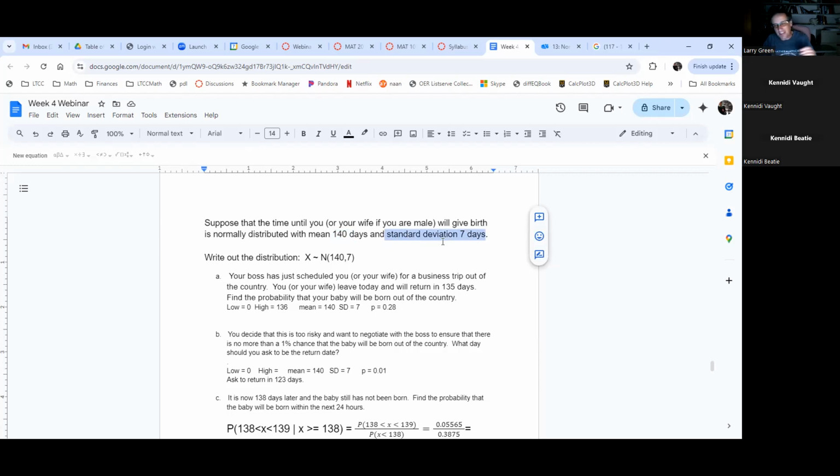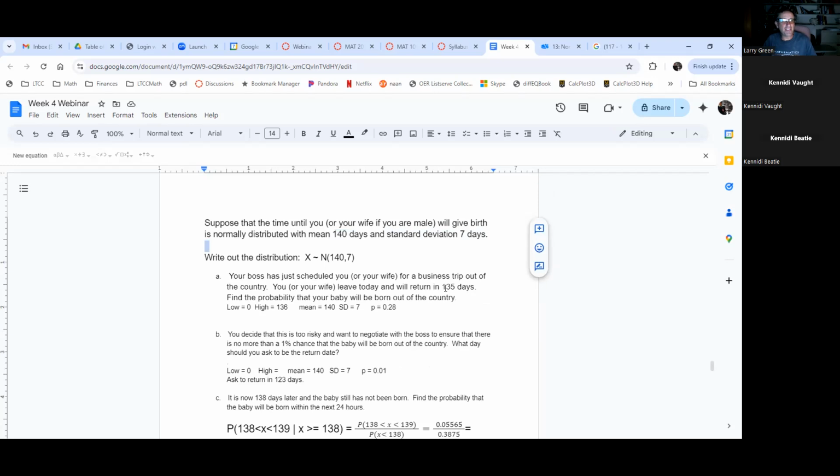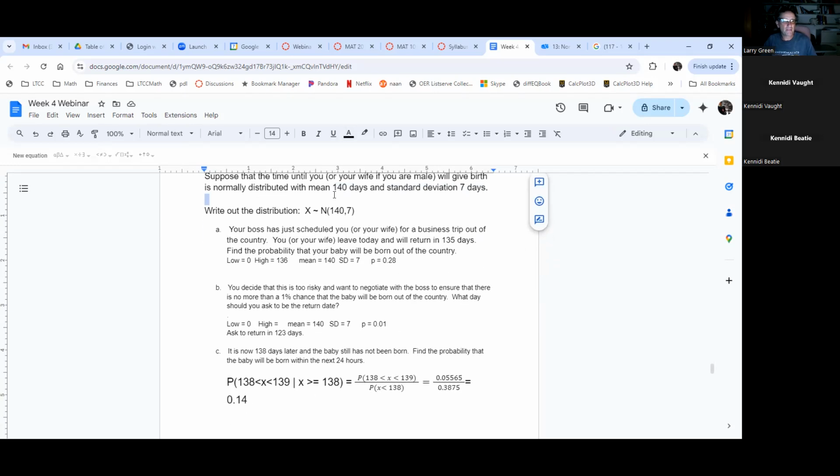But nowadays with C-sections, everything's changed. So this worked better in the old days, way before I was born. Any questions on this application? Then it really was a normal distribution with a standard deviation of 7 days. And whenever you're expecting, that's your mean.